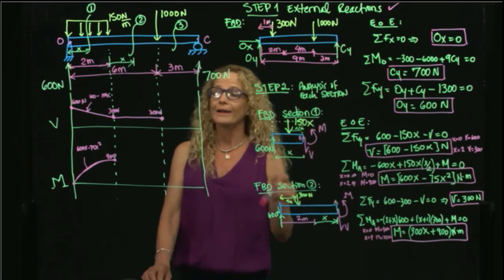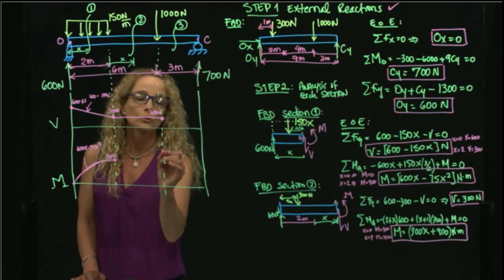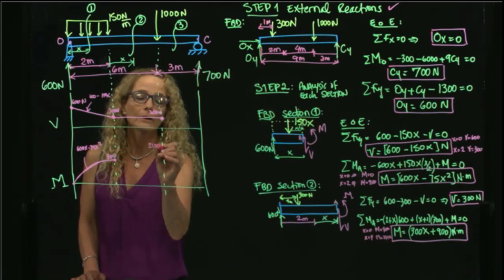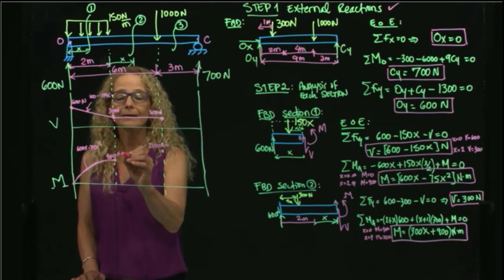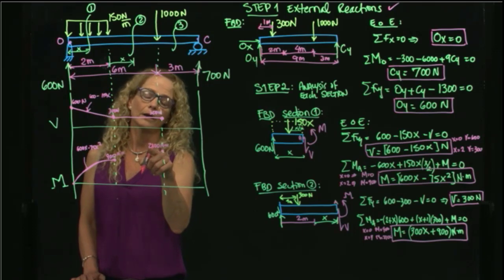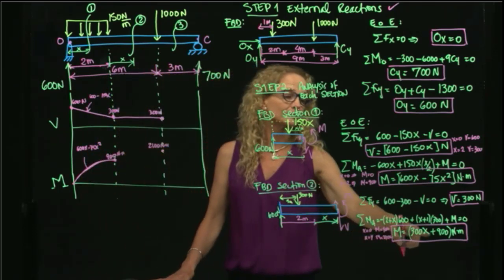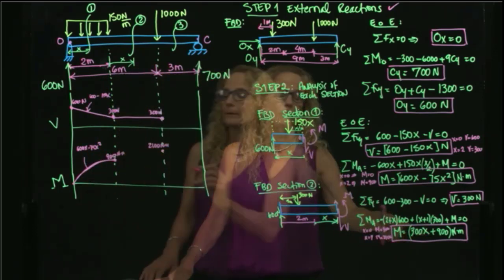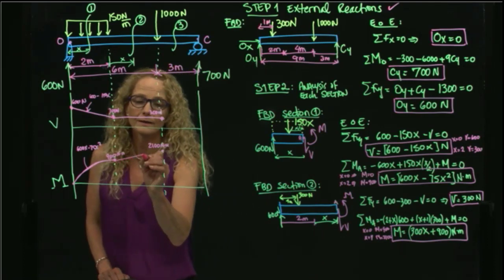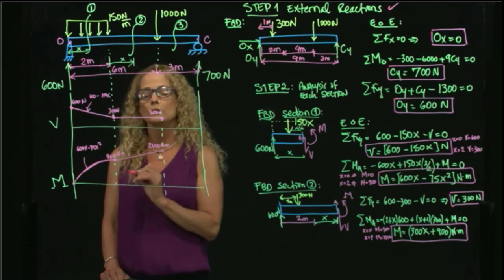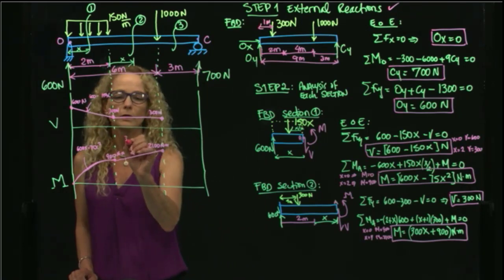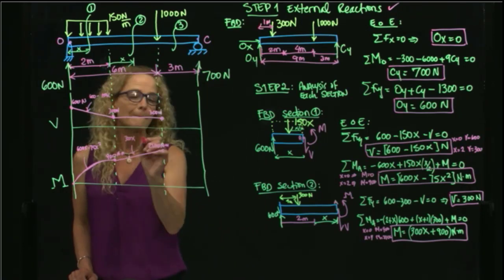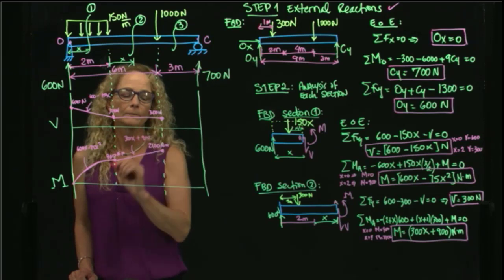So I go from 900 to 2100 Newton meters. And how do I get from 900 to 2100? I go with a straight line with a positive slope. And this here will be equal to 300x plus 900.